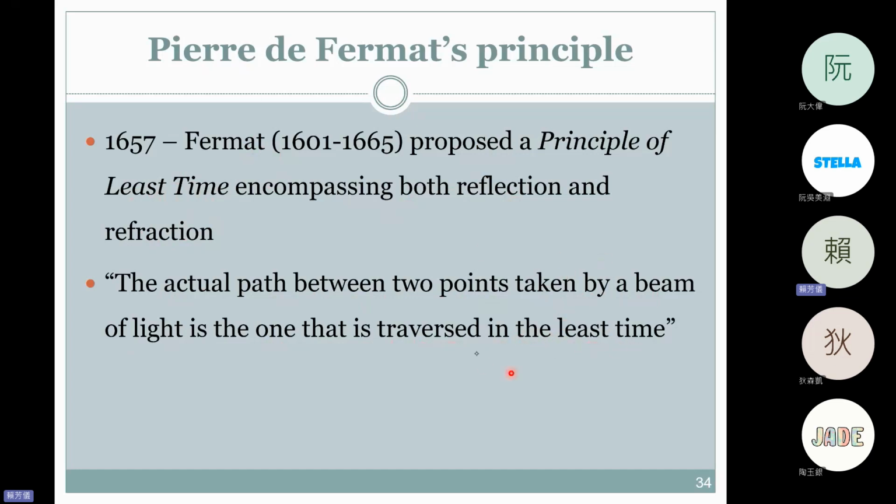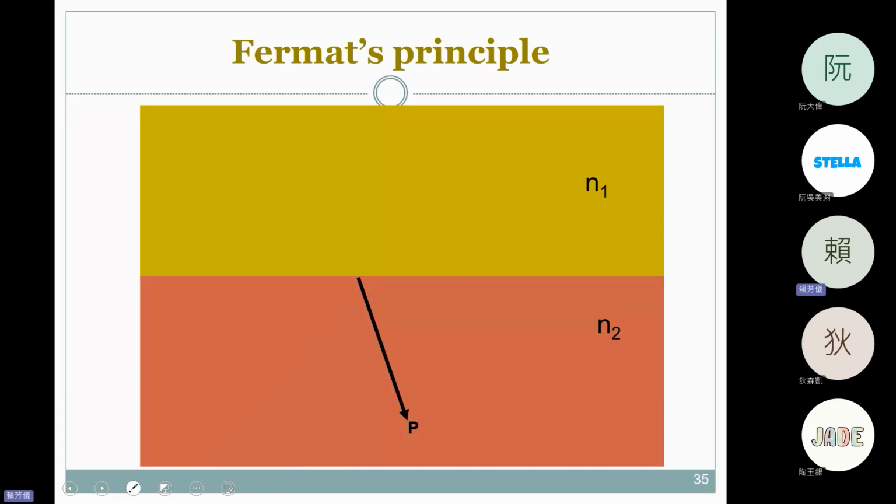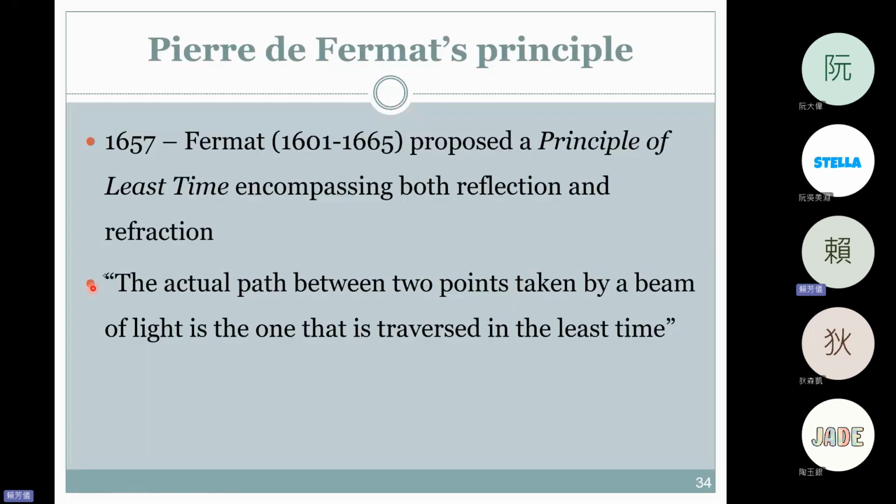Okay, this is a very important concept. Maybe we will see this question in the midterm. Maybe I will ask you what Fermat's principle is, so you need to tell me this.